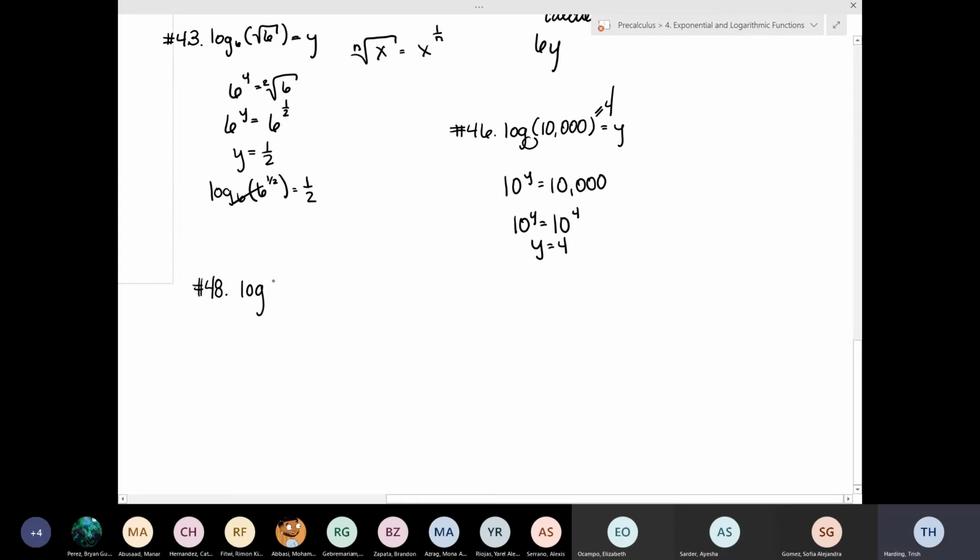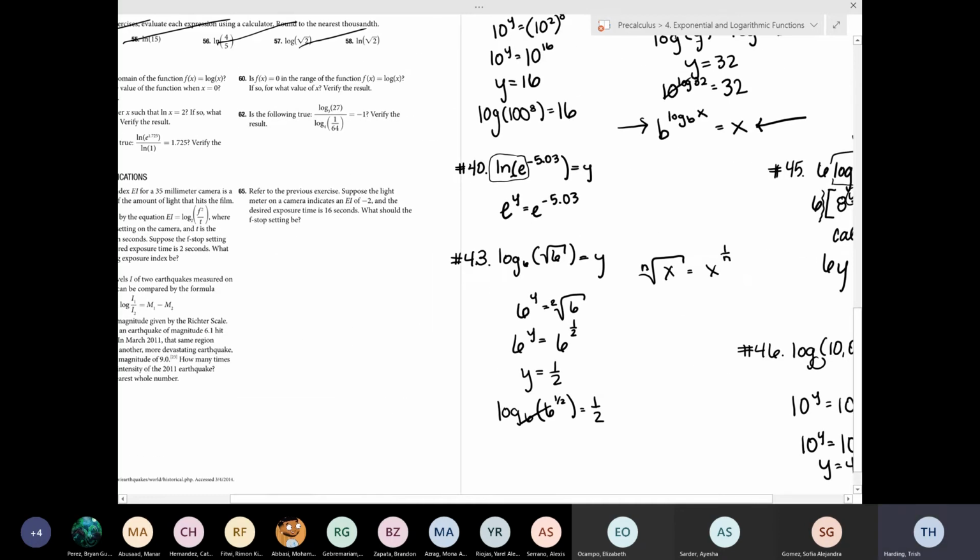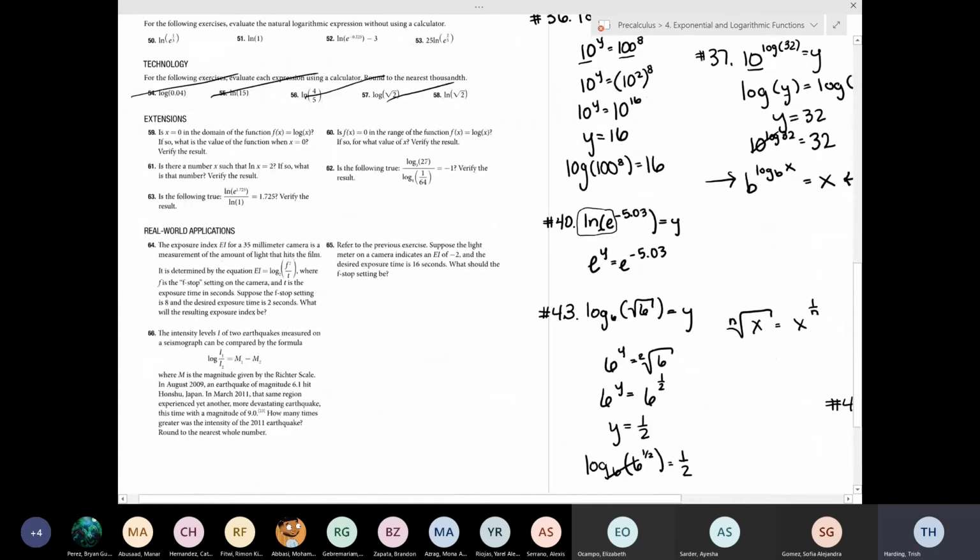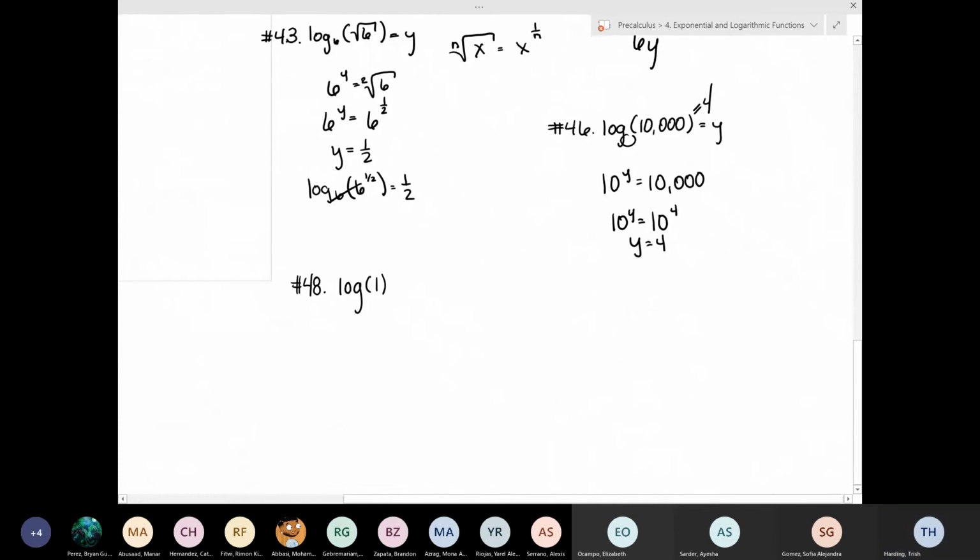So we're going to have log 1, what was it, plus 7. Okay, and that is going to be, first we need to find log 1. So we can set that equal to y, which gives us, there's no base, so it's going to be 10 to the y equals 1. And when something equals just 1 and it's raised to a power, that power is 0. So that's going to be 0 plus 7 is 7.